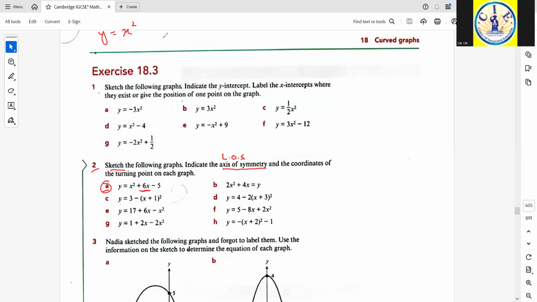The factors of 5 are 1 and 5. So I can write it down plus 1x plus 5x minus 5. Would it be? No, actually it won't work.